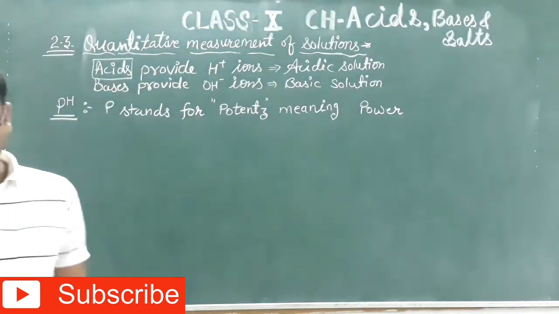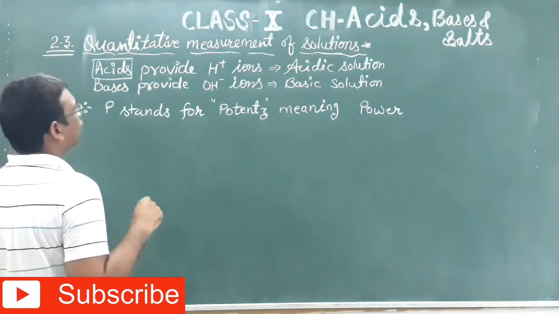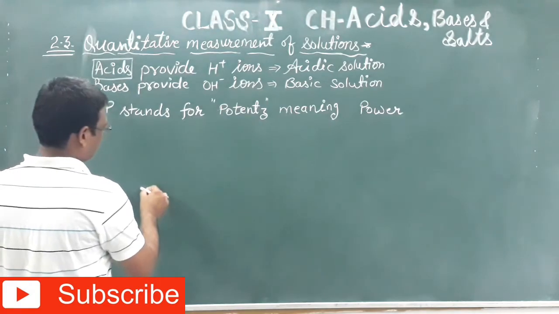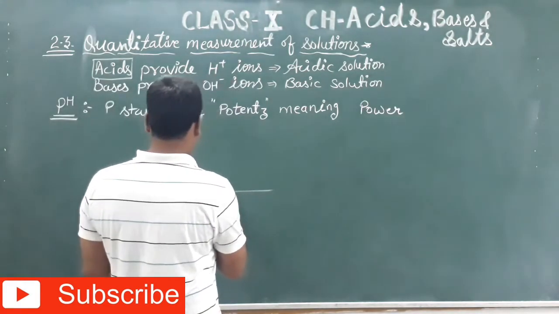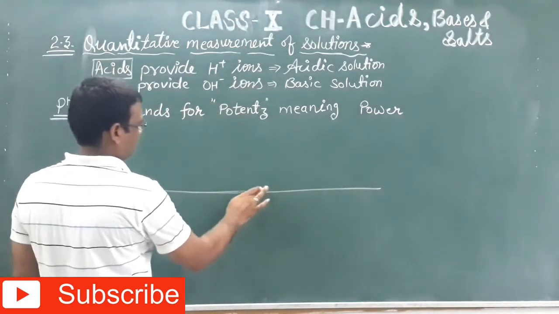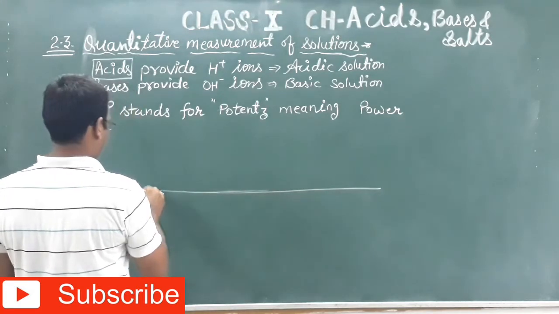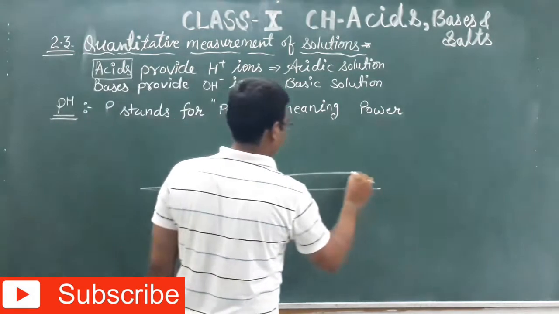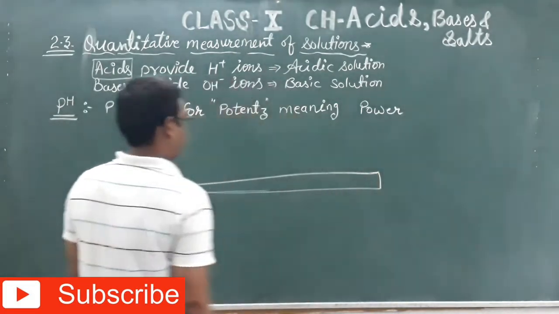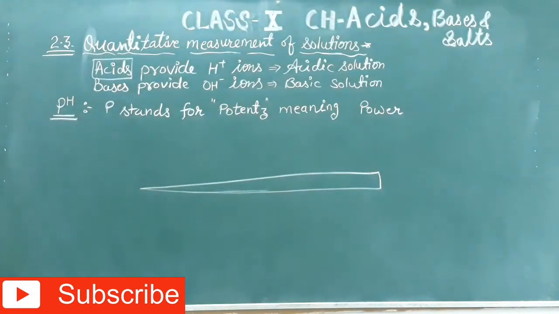So how do we understand this quantitative measurement? In your textbook one diagram is there, figure 2.6. The line is not straight, so don't worry.